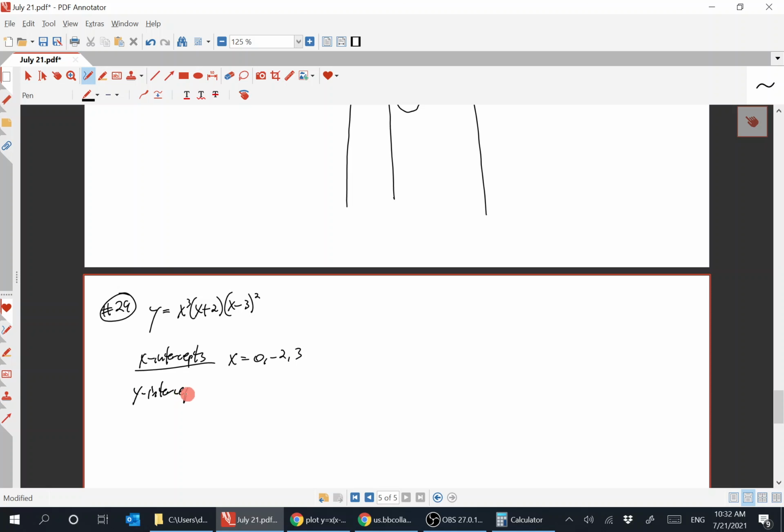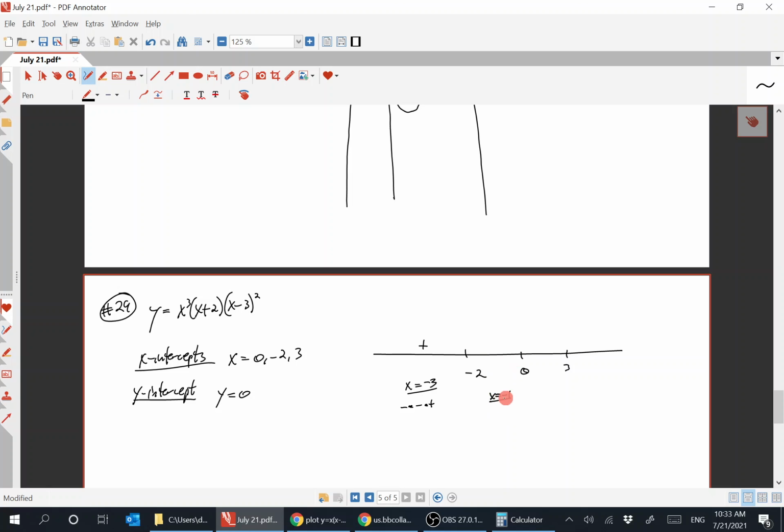Y-intercept, well, it's at y equal to 0, because when you plug in x equal to 0, you get y equal to 0. And then you look at this number line here for positive, negative behavior. So we have minus 2, 0, and 3. At x equal to minus 3, this is negative, negative, positive. So this is positive.